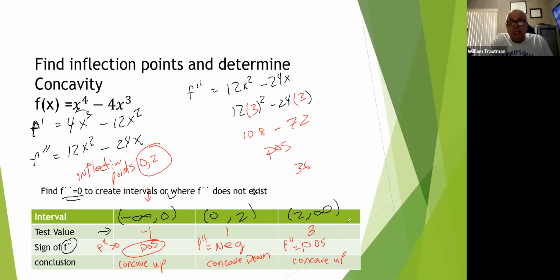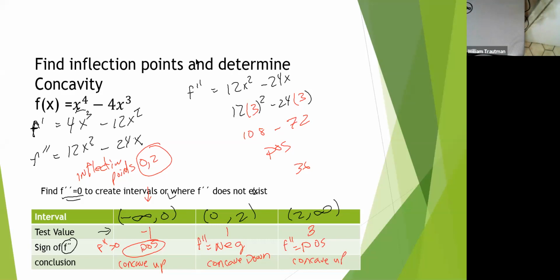I'm going to plug this into my calculator really quick and just take a quick look at it. So I'm going to type in this function first. Give me a second.